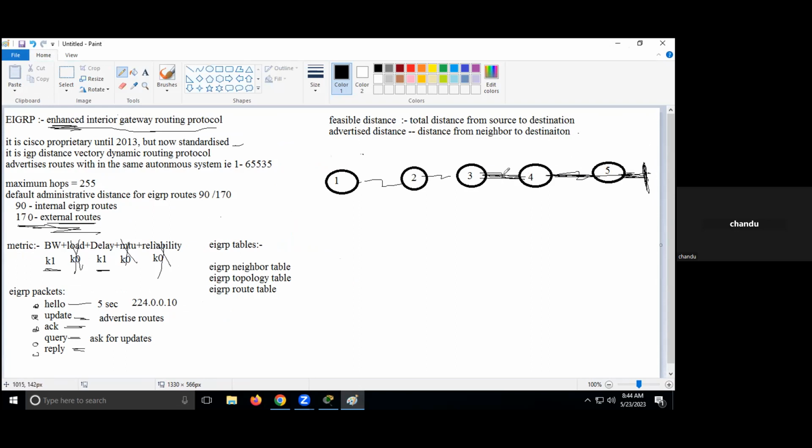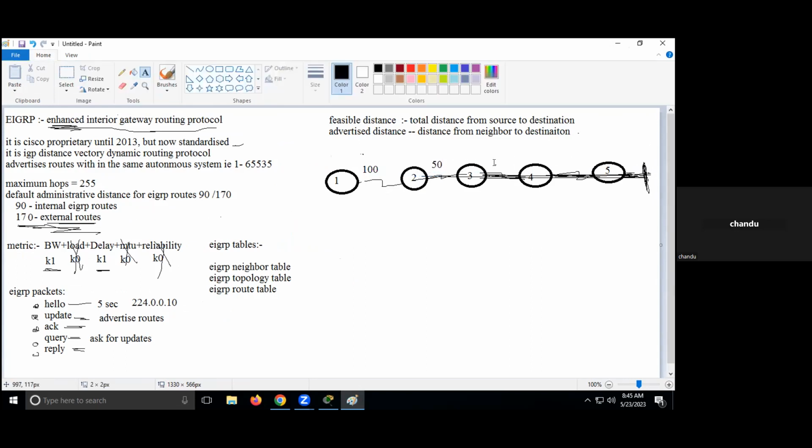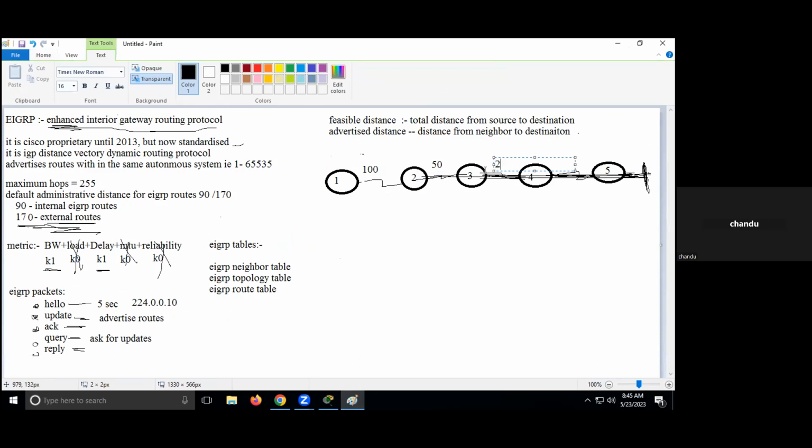Router 3 will advertise router 4 and router 5 to router 2. Router 2 will advertise everything. Take for example, from router 1 to router 2 is 100. Router 2 to router 3 is 50. Router 3 to router 4 is 20. Router 5 to router 3 is 30.